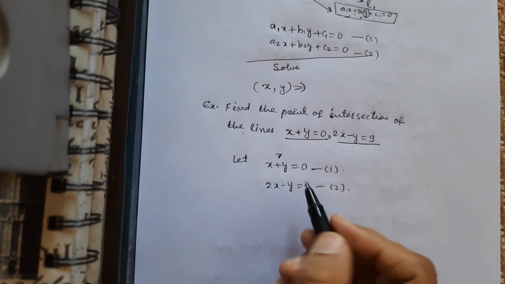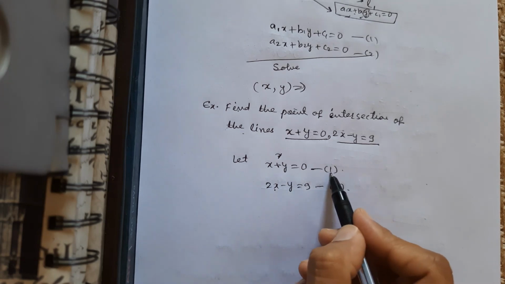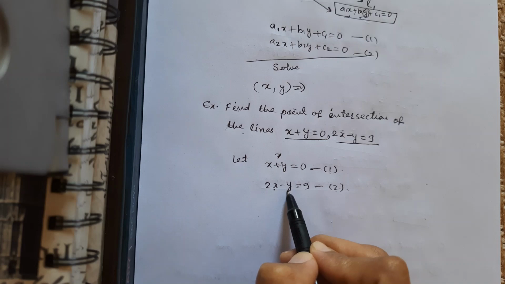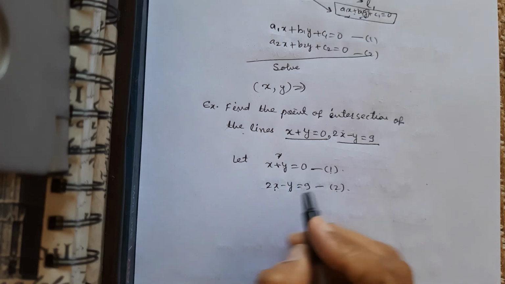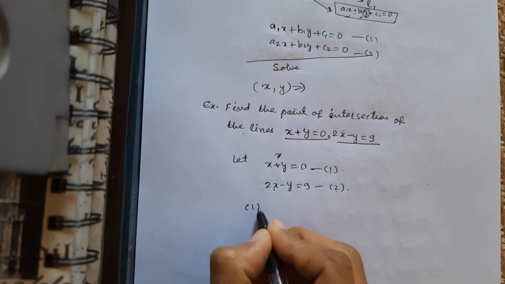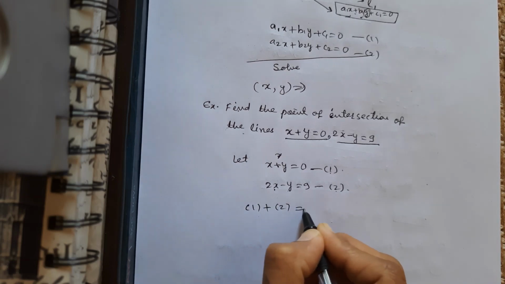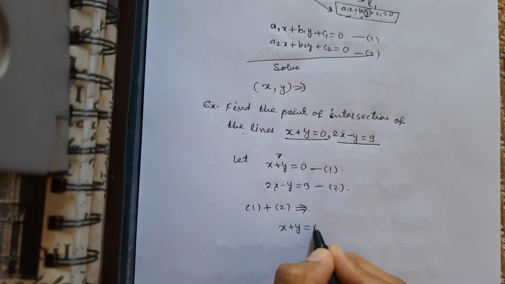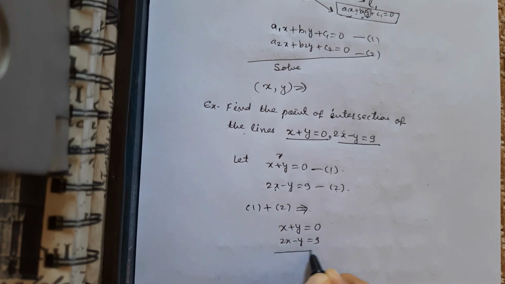To solve, I'll add 1 and 2. While adding, plus y and minus y get cancelled and I will get the x value. So 1 plus 2 implies x plus y equal to 0 and 2x minus y equal to 9.